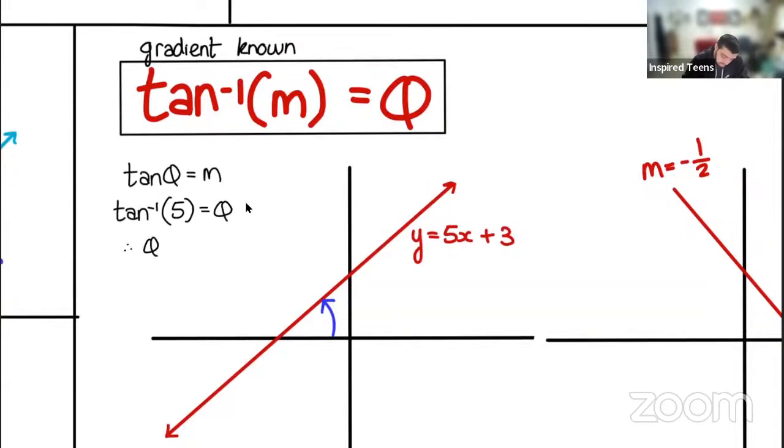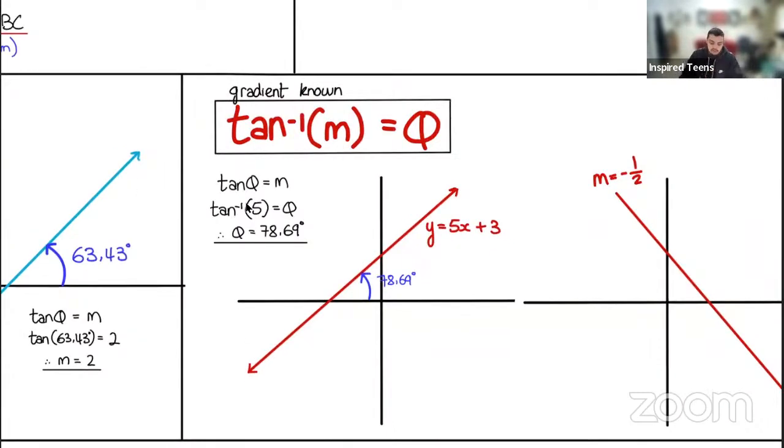Therefore, theta is equal to shift tan 5, which you take out your calculator and calculate. Shift tan 5 gives you an angle of 78.69 degrees. And that's your angle. So your final angle here is 78.69 degrees.